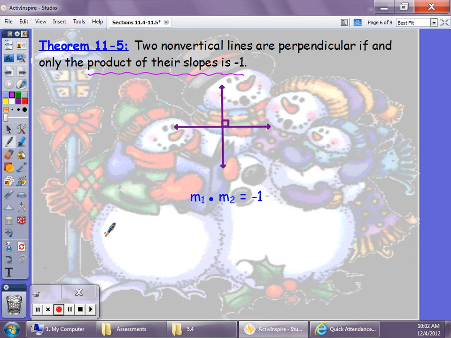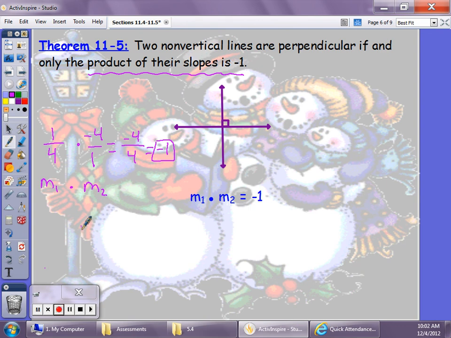So if we have a slope of 1/4 and a slope of -4, if we multiply these, 1 times -4 is -4, 4 times 1 is 4, which reduces to -1. We can say that a slope of 1/4 and a slope of -4 are perpendicular slopes.